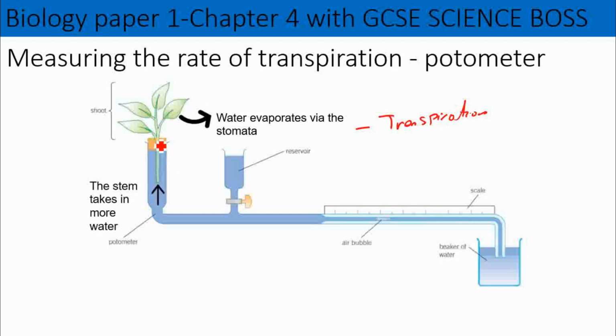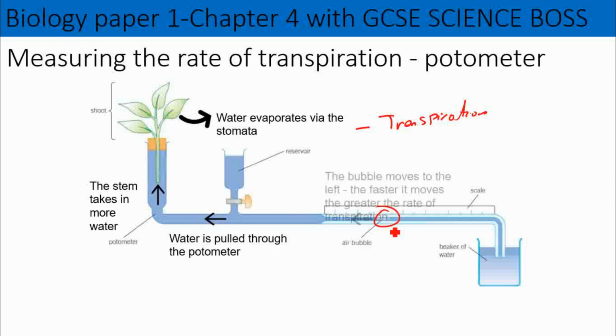It's going to pull the water up the stem, and the more water that moves up is pulled through the potometer, and then this bubble here is going to move. If you note the distance before and the distance after, you can then measure the rate of transpiration. And that summarizes everything that you need to know in terms of revision for chapter 4.